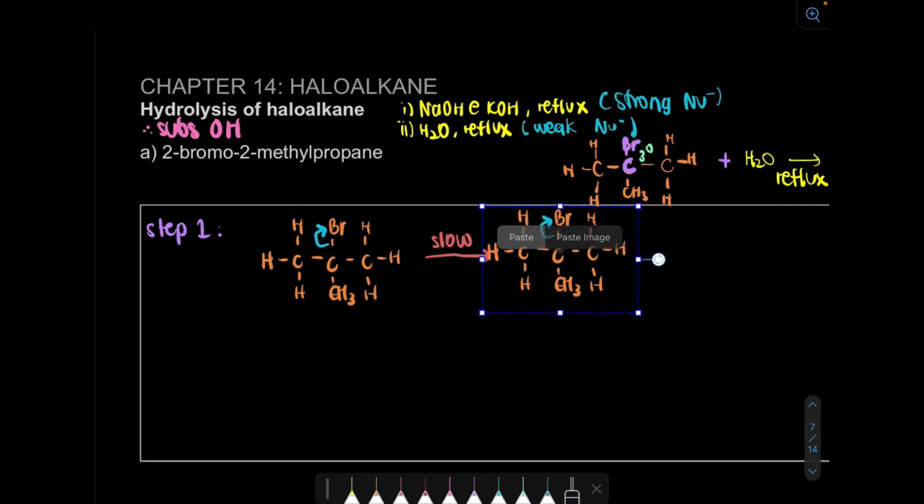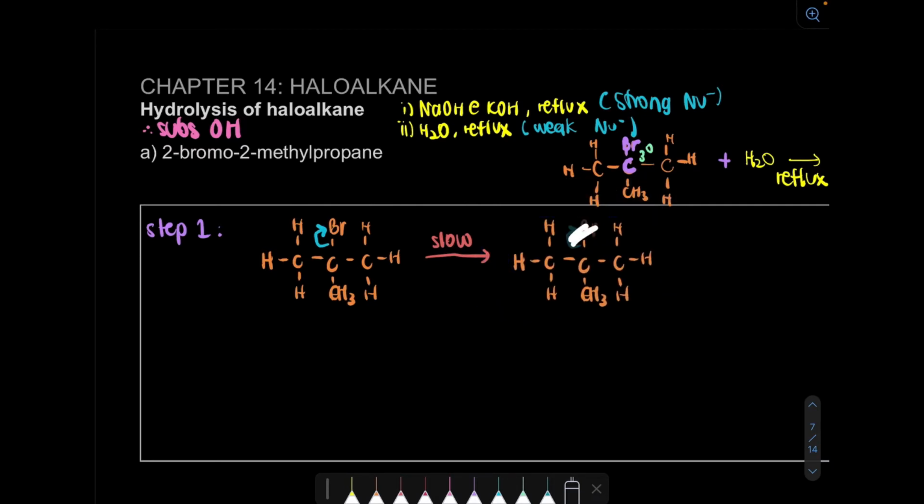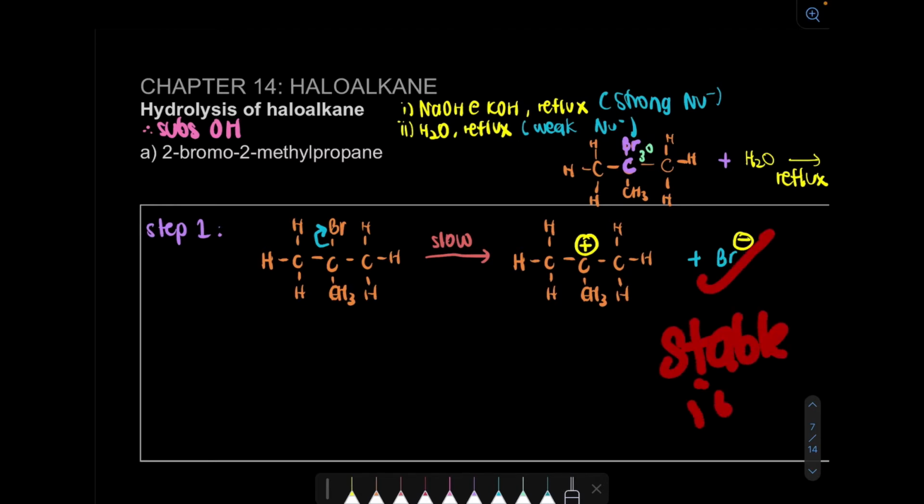So what would be our product? Remember, once the carbon has donated the electron, it is positively charged, and bromine, once it accepts electrons, is negatively charged. So we have formed our carbocation.